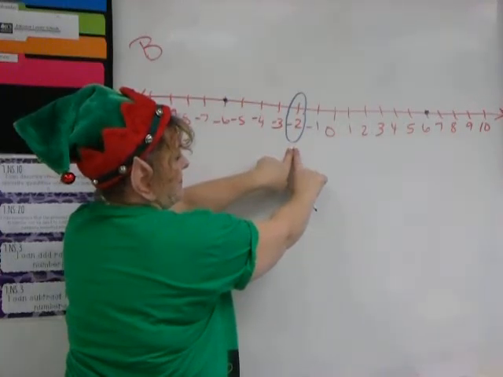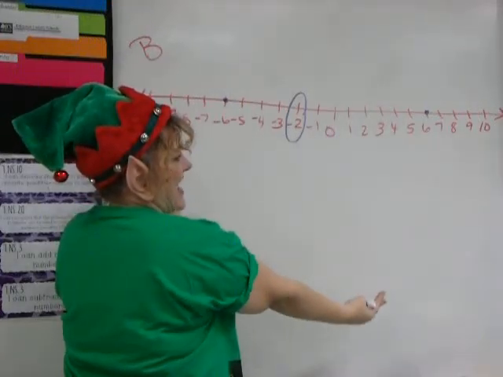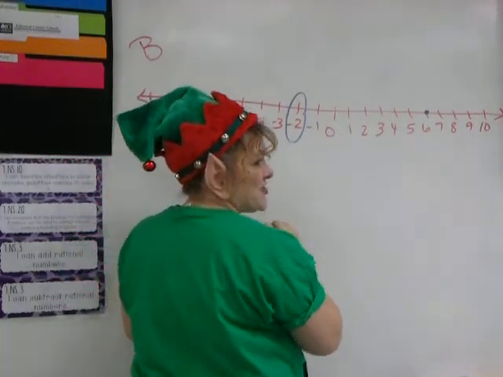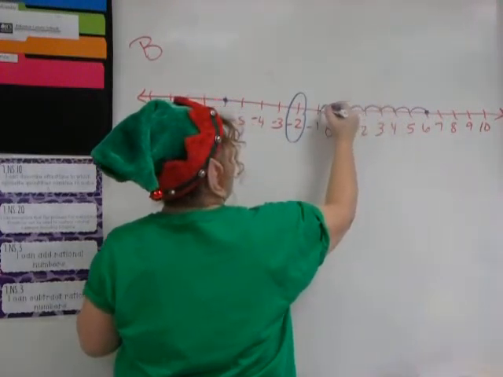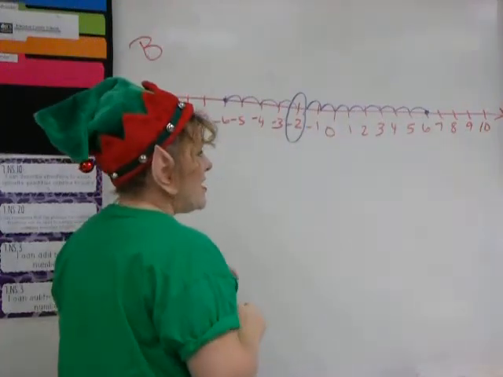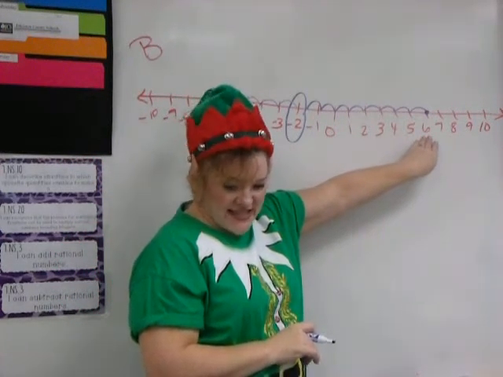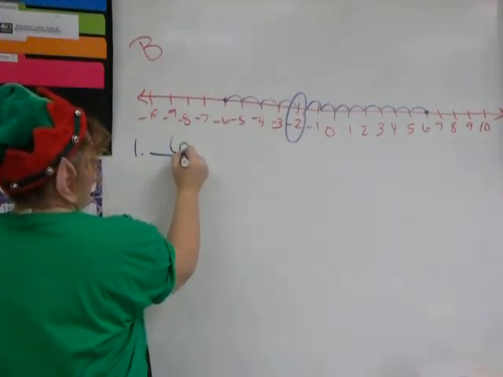Positive 6. If you can't see that this way, then you actually count off. 1, 2, 3, 4, 5, 6, 7, 8. 1, 2, 3, 4. So it's definitely positive 6. So for B, number 1 is positive 6.